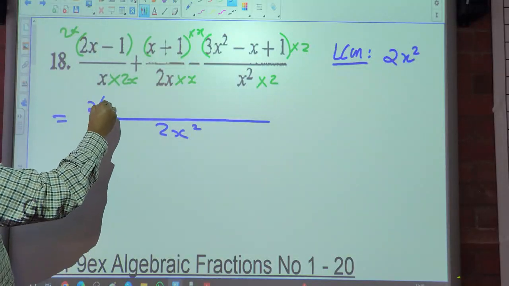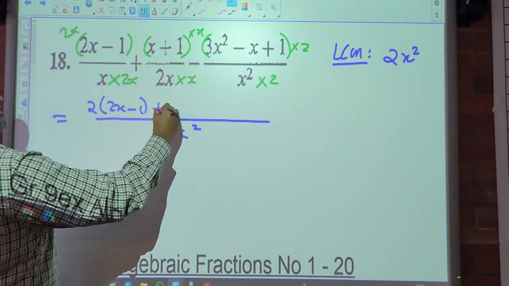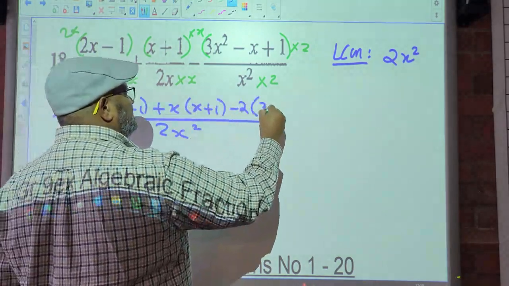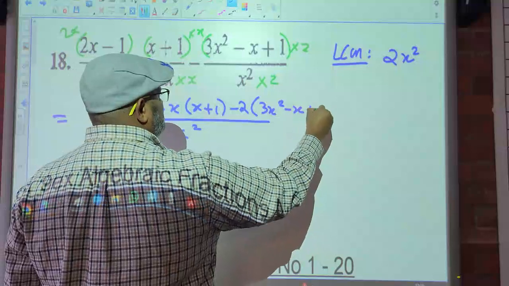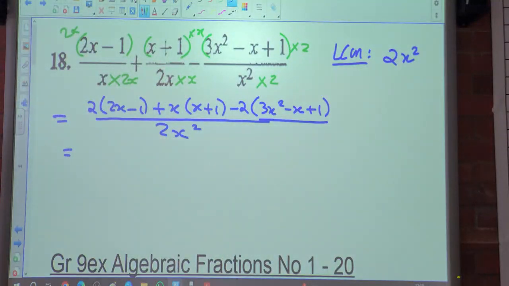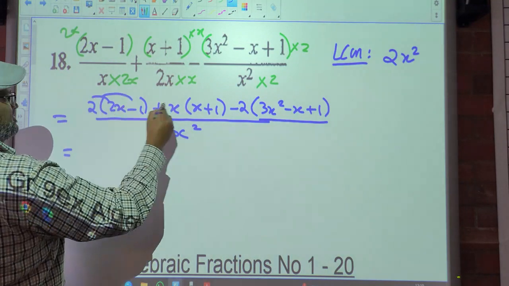So we'll get 2 into (2x - 1), plus x into (x + 1), minus 2 into (3x squared - x + 1). So what do we do now? Get rid of these brackets.